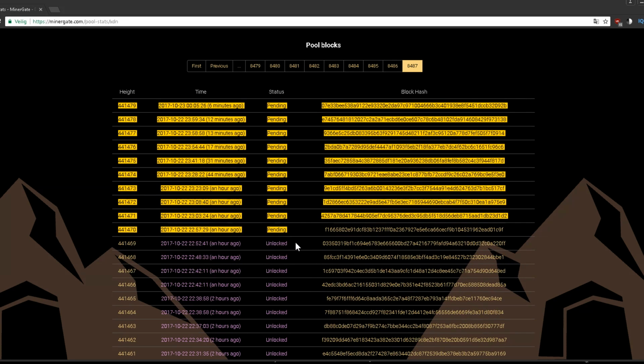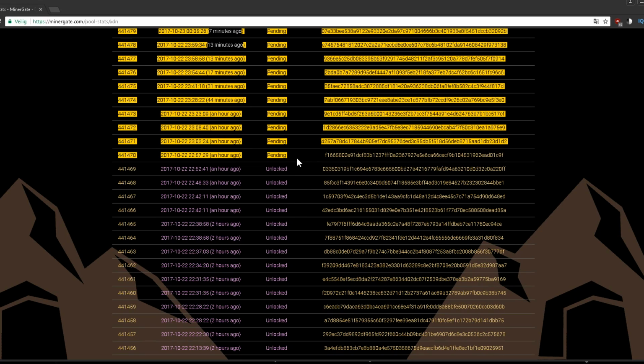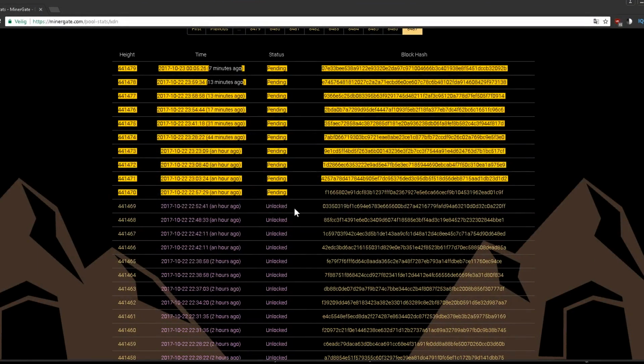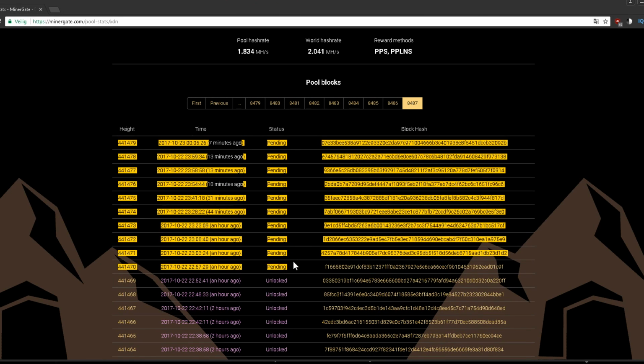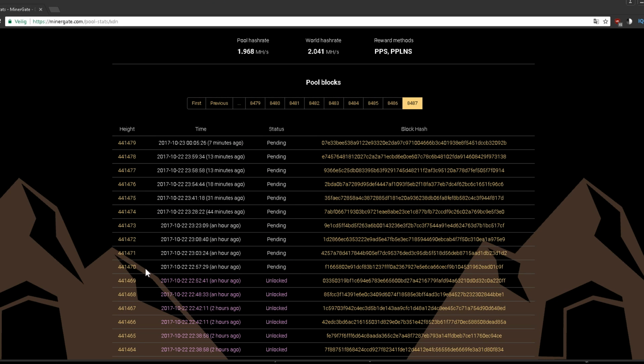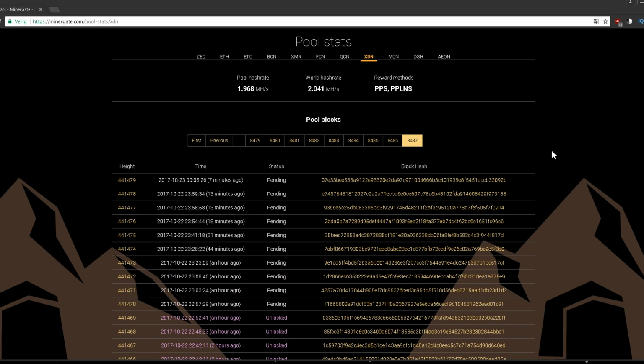They're going to be unlocked in a matter of time, and once they have been found and confirmed, basically once they have become a part of the blockchain, you will get paid on your balance if you have the reward method of PPLNS.